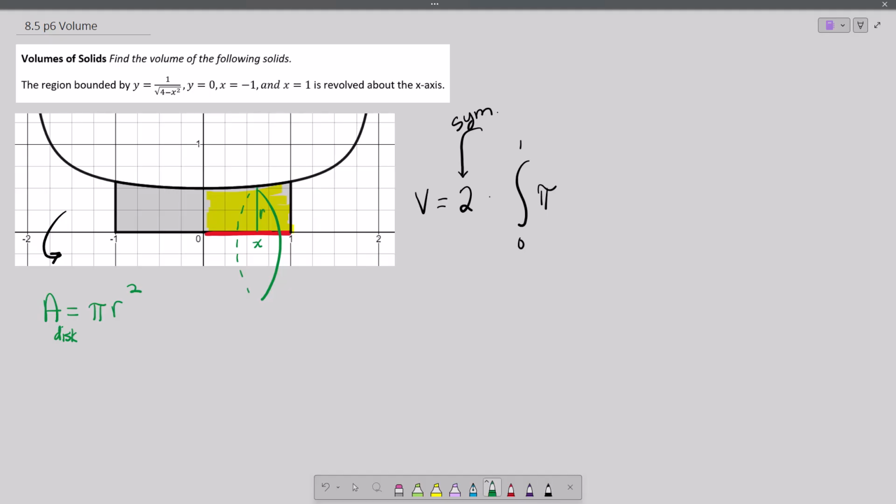So r is right there. R is the function, which is 1 divided by the square root of 4 minus x squared, dx. That gives us volume. Integrate area.